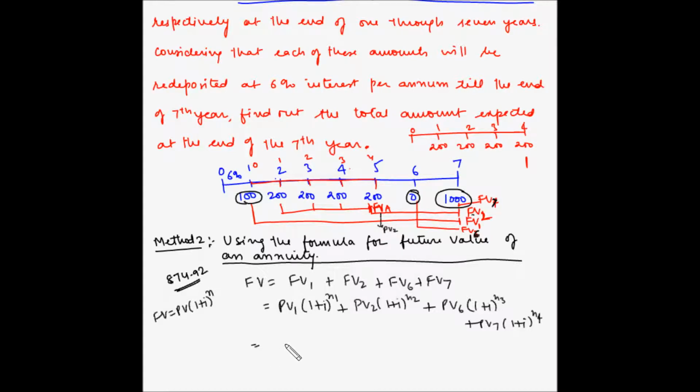So let us plug in the values. PV1 is 100. 1 plus I is 1 plus 0.06, which is 1.06. And the number of years this is going to be compounded is 1, 2, 3, 4, 5, and 6. So N1 is 6.